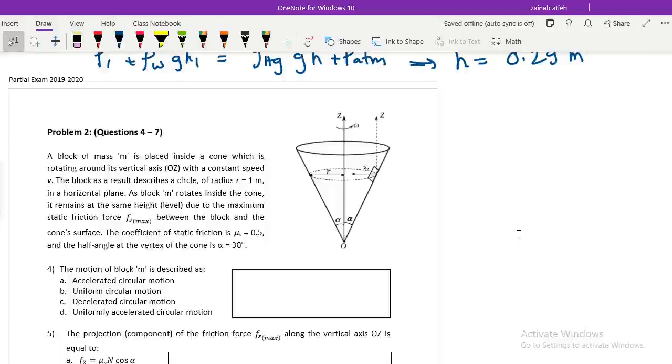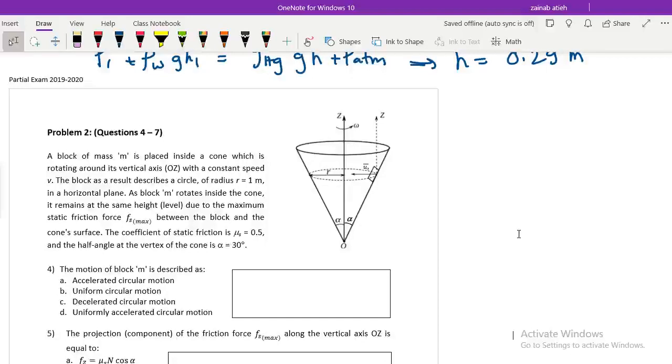As the block M rotates inside the cone, it remains at the same level due to the maximum static friction between the block and the cone's surface. The coefficient of static friction is μs equal to 0.5, and the half angle of the vertex of the cone is alpha equals 30 degrees.